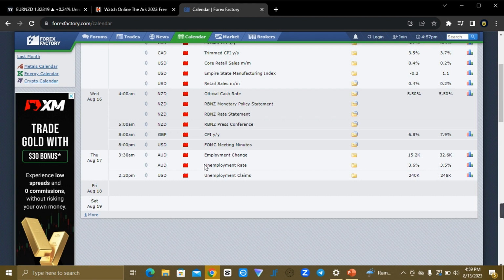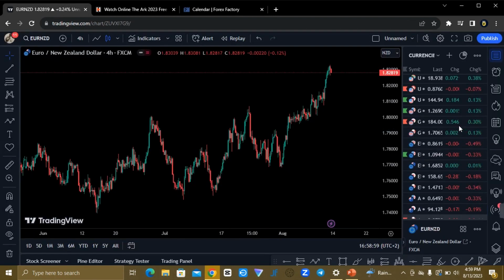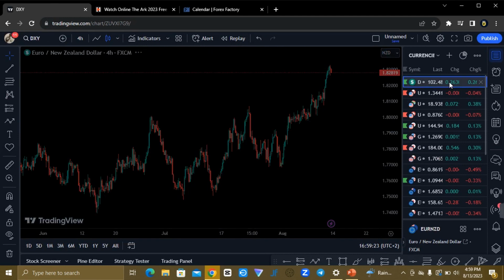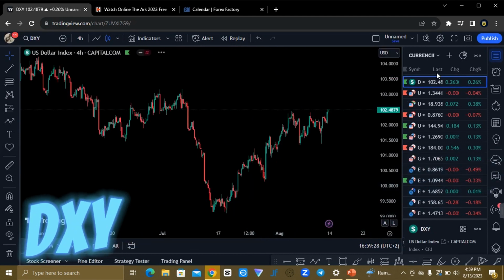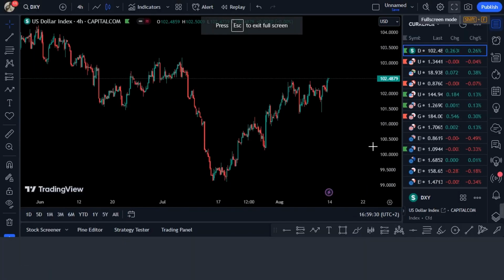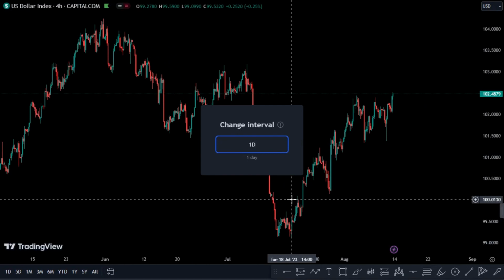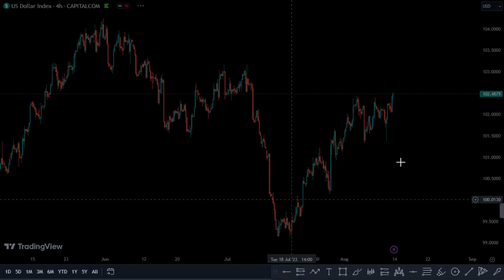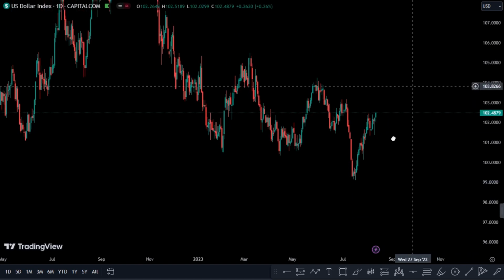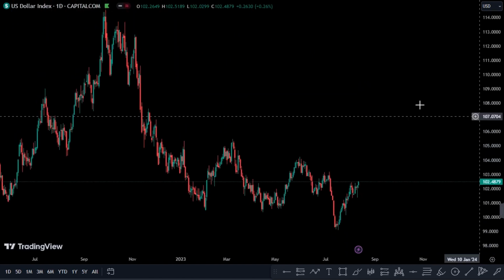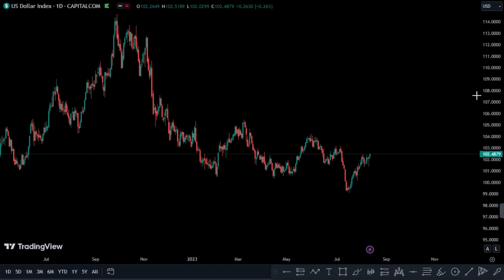Okay, so with that in mind, now let's switch to our technical analysis, and the first thing that we are going to be looking into is our DXY for the upcoming week. We would start on our higher time frame, that being the daily time frame, so that we can get the overall perspective of the market as to which direction it is flowing towards on a larger scale.